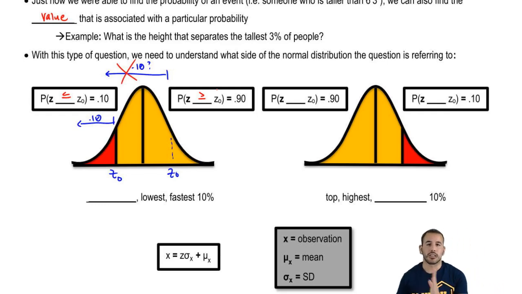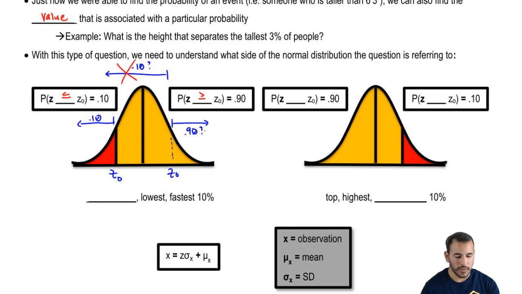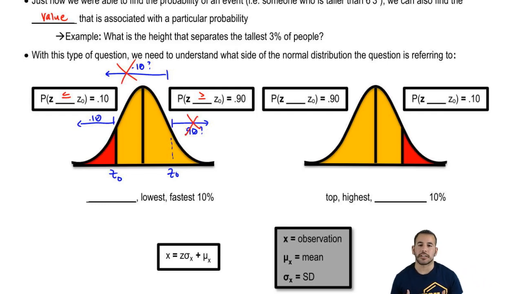Now again, if I was on the left side, can I have 90% above me? Yes, I can. If I was on the right side, can I have 90% from here up? No, right? Because that 90% is way too much area. So on the right side, all the way up, that can't be 90%. But maybe if I move it to the left and I go all the way up, that could be my 90%. Does that make sense?